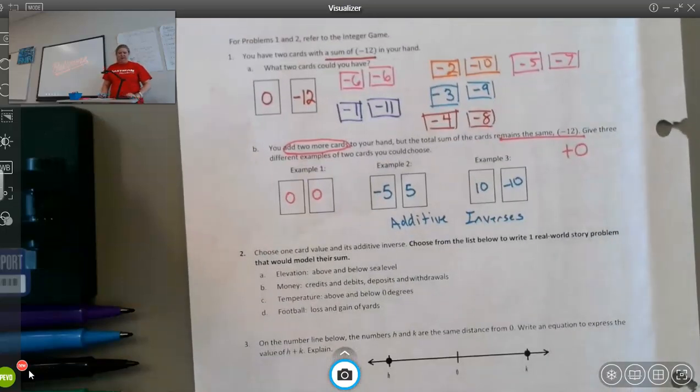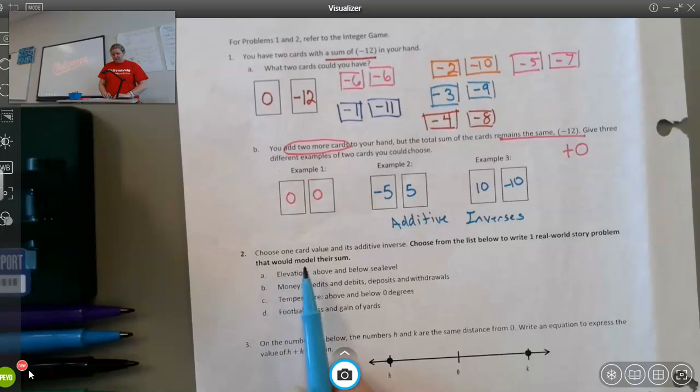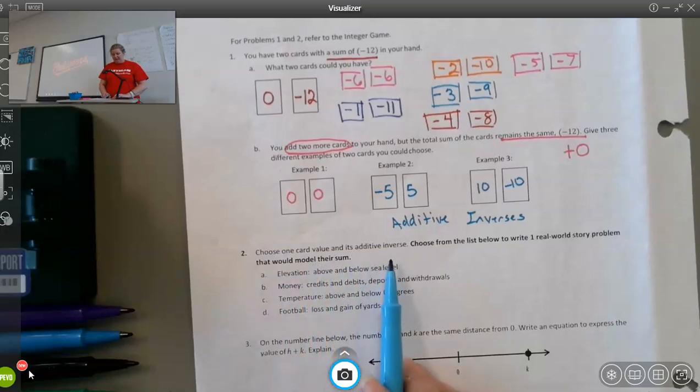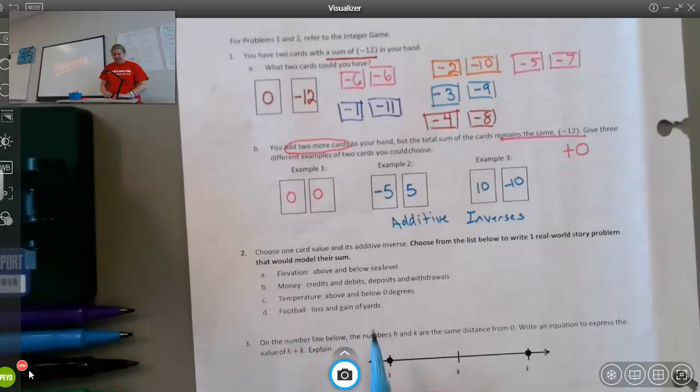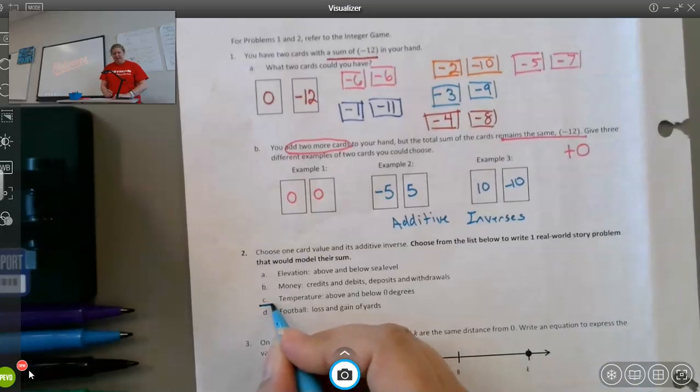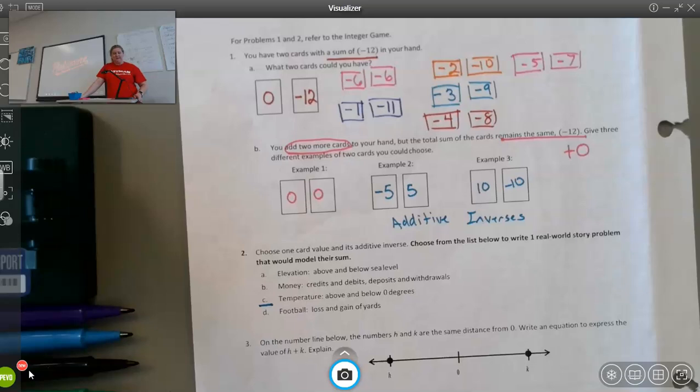For number 2, your task was to choose one card value and its additive inverse, and then choose from the list below to write one real-world story problem that would model their sum. So for this one, I will choose temperature, and I'm just going to verbalize mine instead of writing it down. On Friday, the temperature rose 5 degrees.